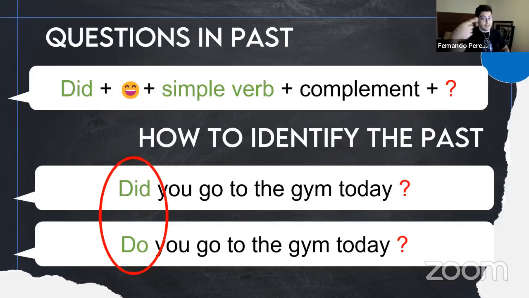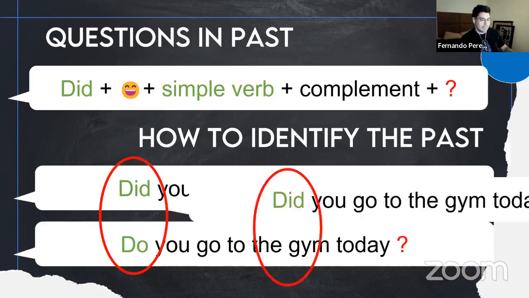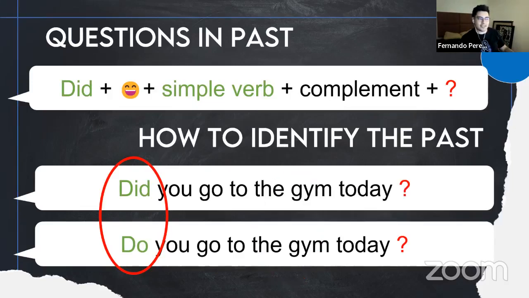Now, there is another form. This is for questions. Okay? But another very interesting thing is something that we talked about in previous classes. In previous classes, we spoke about the most important section of the verb. One section represents the context of the idea.